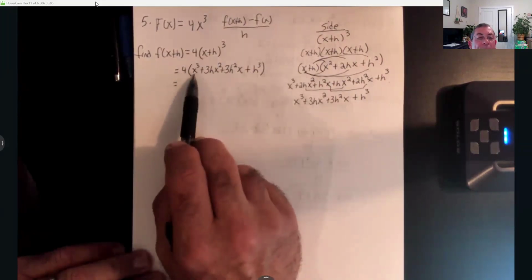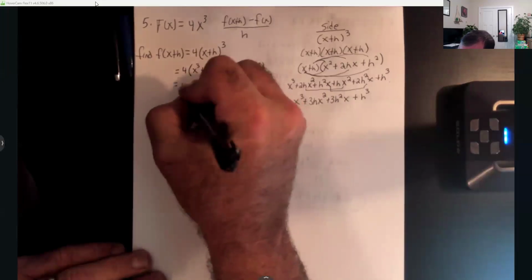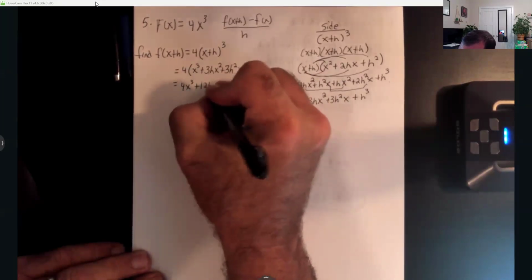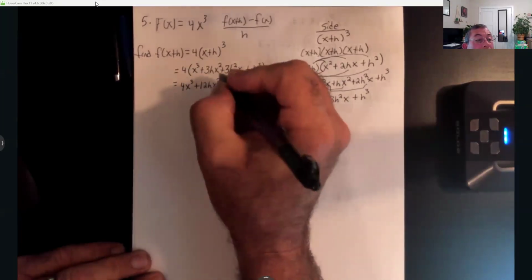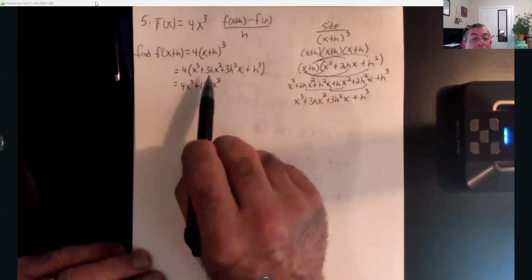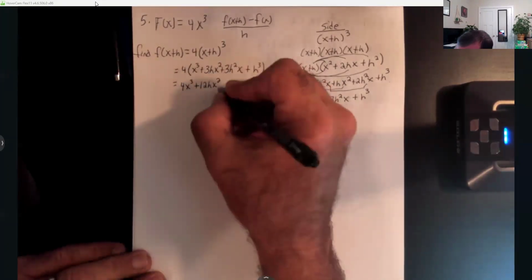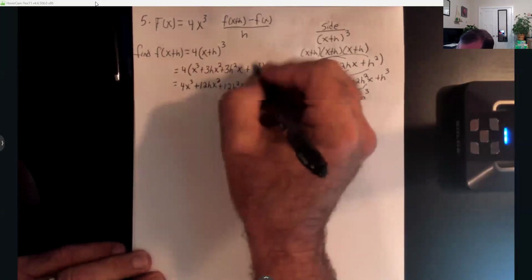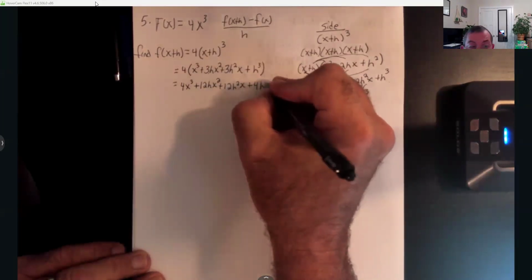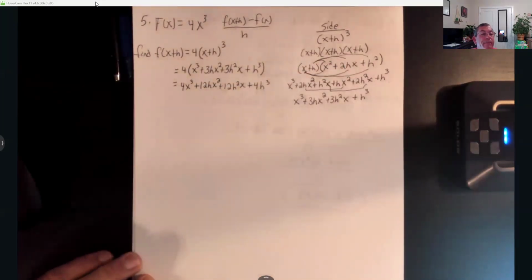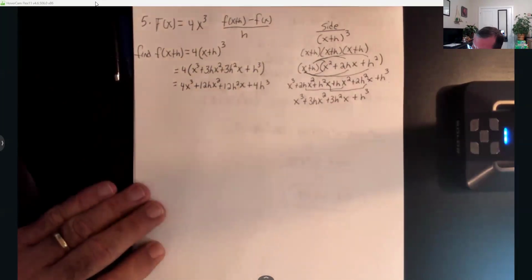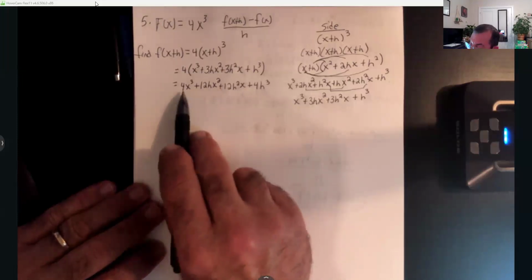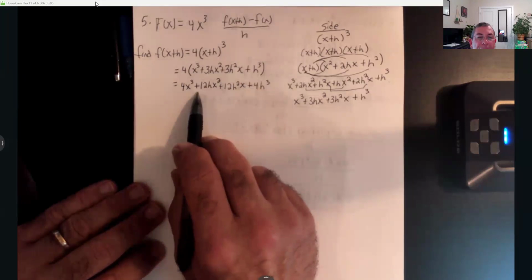So let's see, 4 times 1 is 4x to the third plus 12hx squared. 4 times 3 is 12 h squared x, and then 4 times h cubed is a 4h cubed. All right, y'all, no more like terms because these exponents don't match on those. So this is f of x plus h.